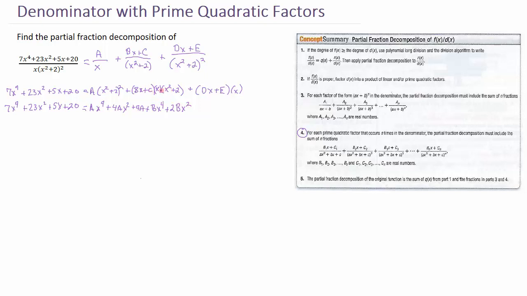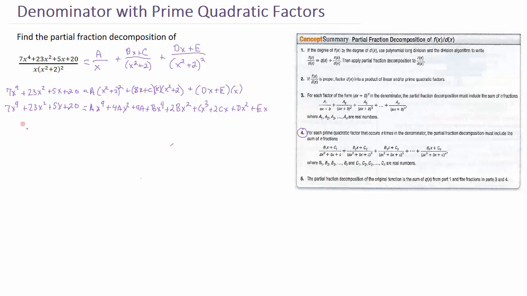C times x squared times another x is plus Cx to the 3rd. And finally, C times 2 times another x is plus 2Cx. Again, be very careful when you're doing your multiplication. And then distribute this x through. So plus Dx squared plus Ex.